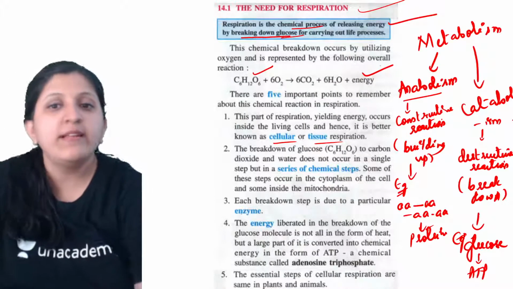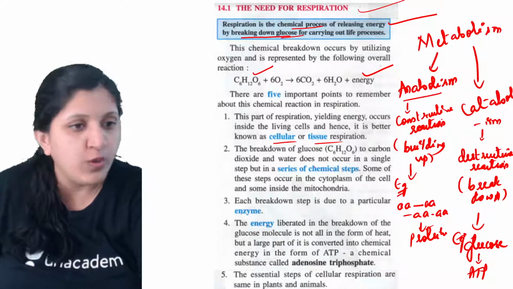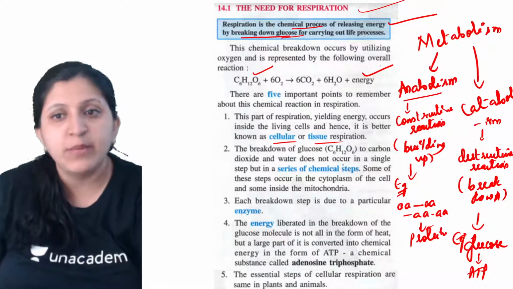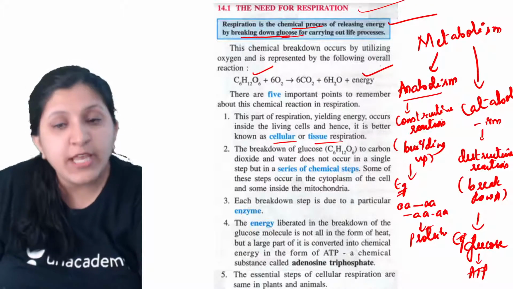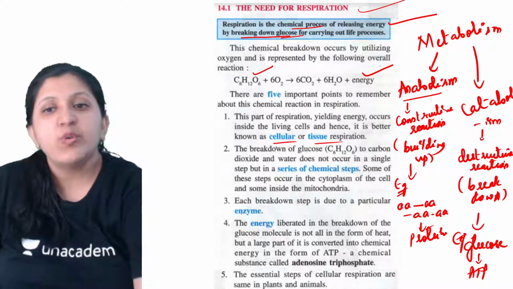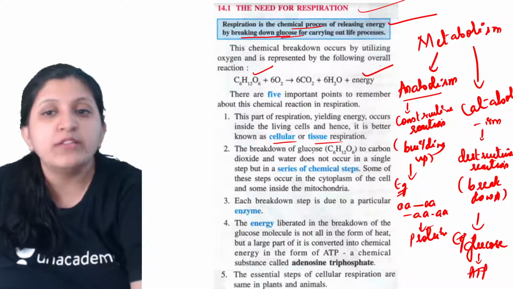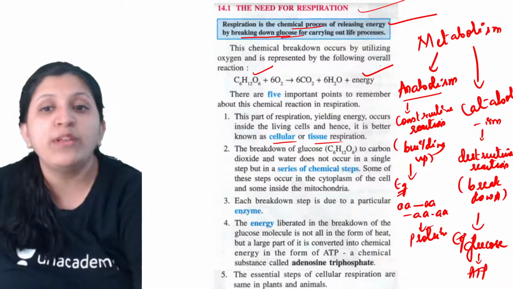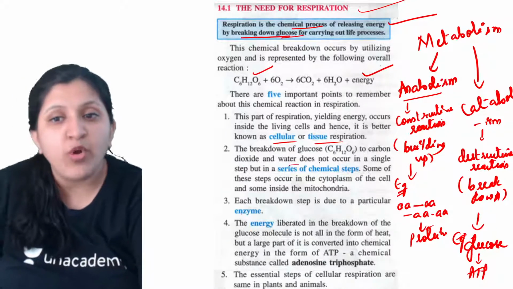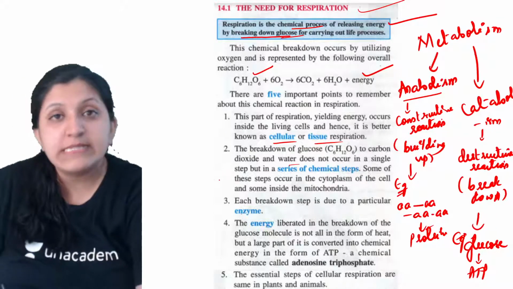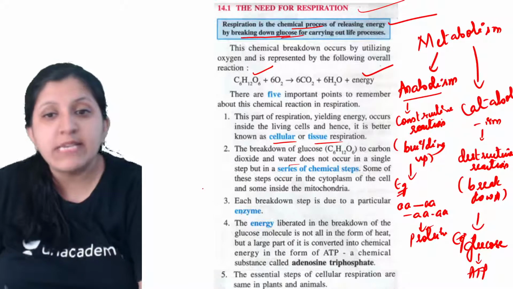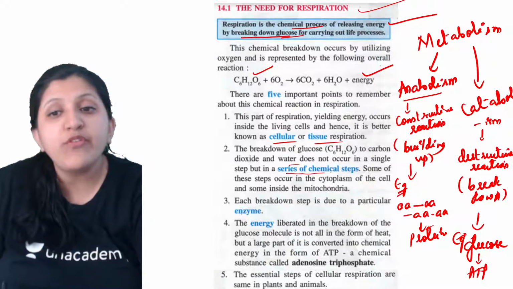Other than that, there is the breakdown of glucose. Glucose breaks down into carbon dioxide and water, and this does not occur in a single step but in a series of chemical steps.